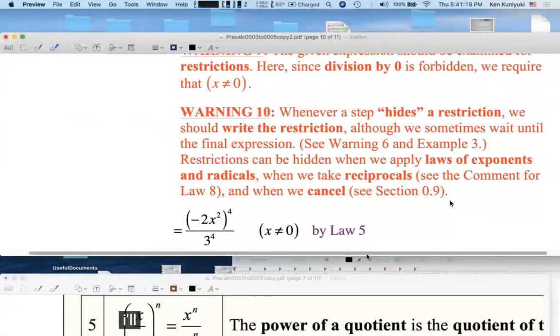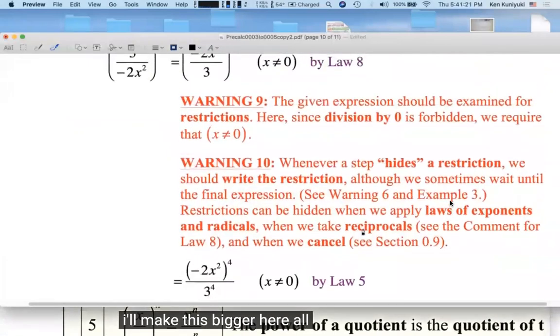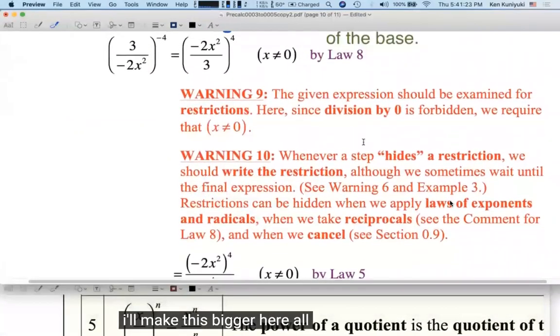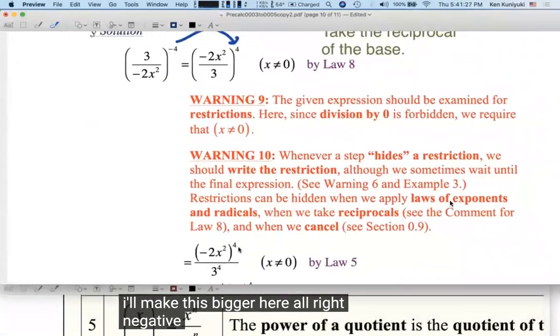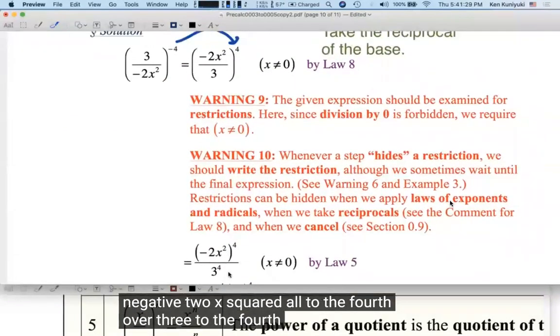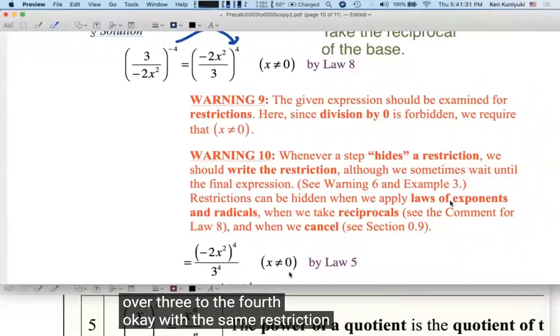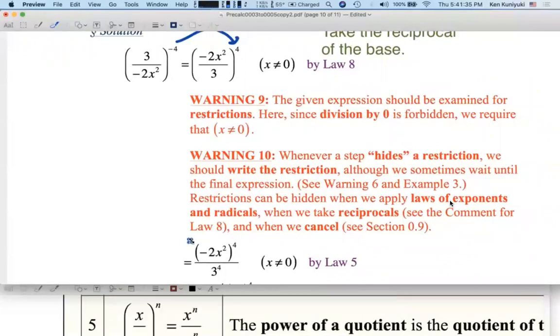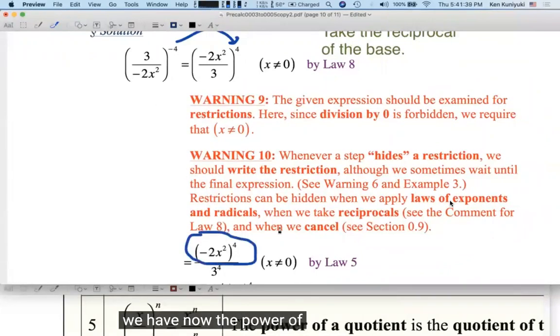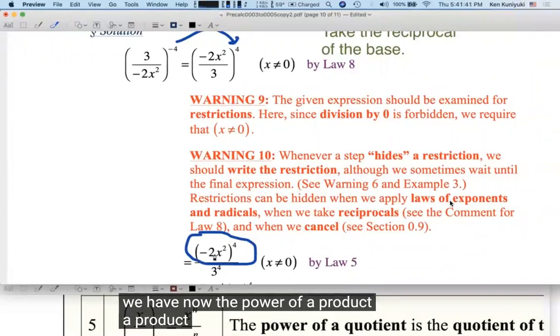So we have negative 2x squared all to the fourth over 3 to the fourth, with this hidden restriction. And then over here, we have the power of a product raised to a power or exponent.